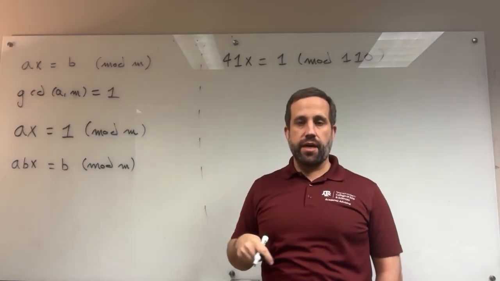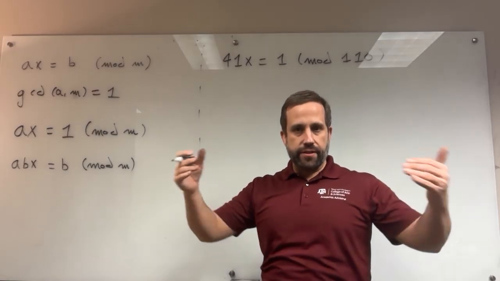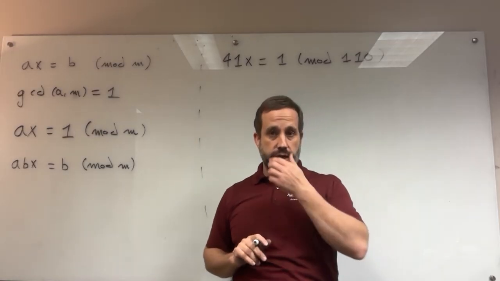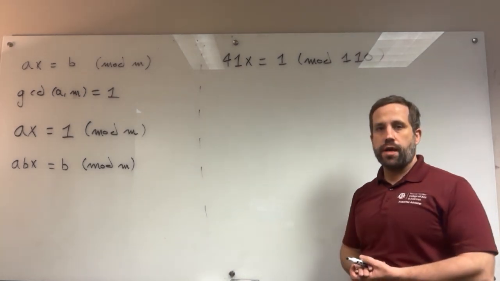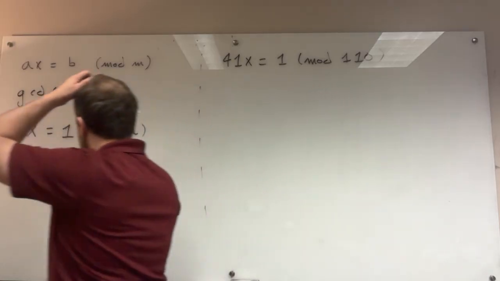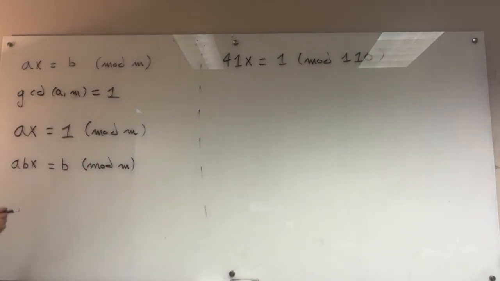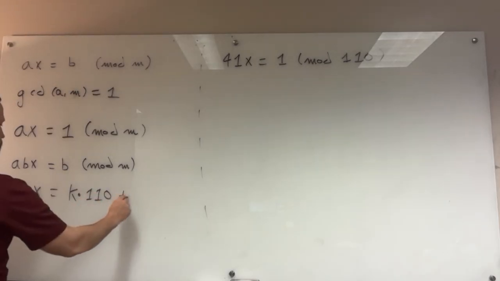We need to be able to look at the steps in the Euclidean algorithm, and those steps are what's going to help us. So if you look at 41x is equal to 1 mod 110, another way of writing that is to say 41x is equal to k times 110, plus 1, where I don't know what x is and I don't know what k is.